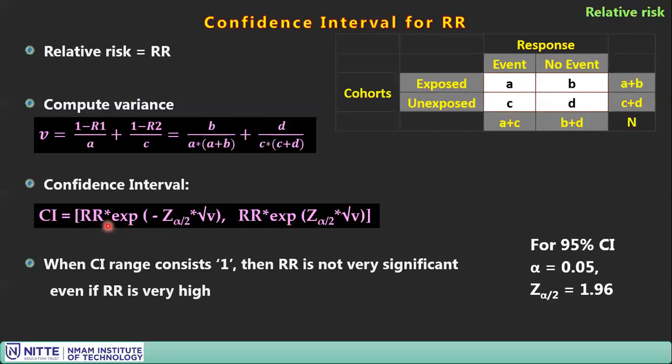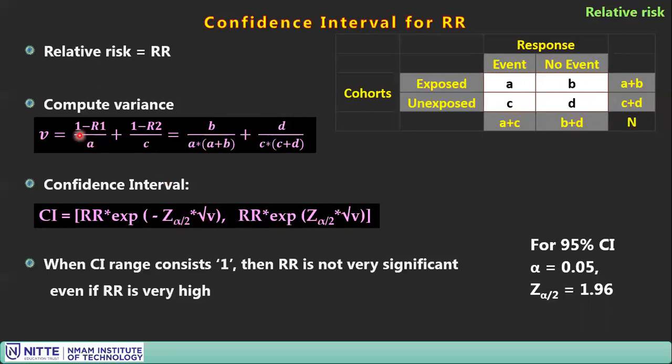So relative risk is multiplied by the exponential of this product. What is this? Minus z alpha by 2, a number multiplied by the square root of the variance. This is the minus z here, and for the upper range you will be taking the plus z. It is the same term. Exponential of minus z, exponential of plus z you will be taking.